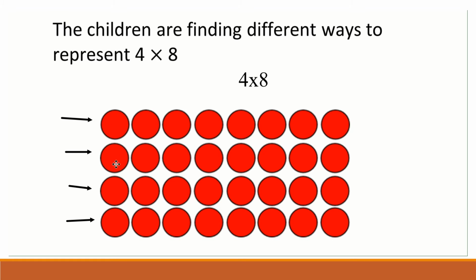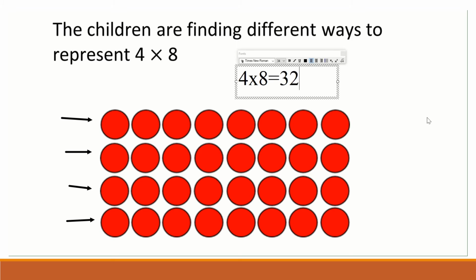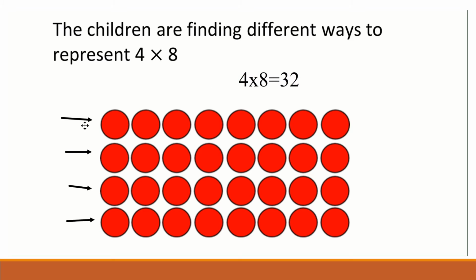There are 1, 2, 3, 4, 5, 6, 7, 8, 9, 10, up to 32. So the answer is 32. So they used an array with 4 rows.